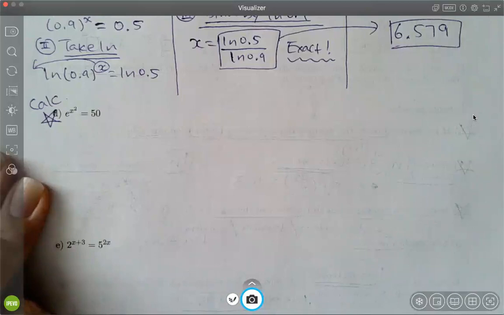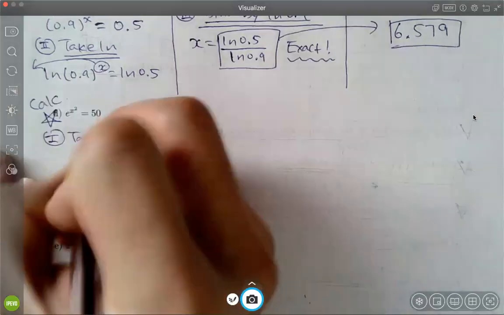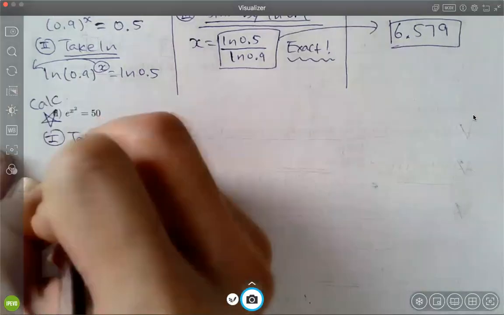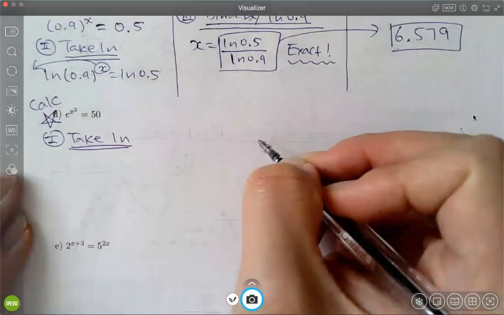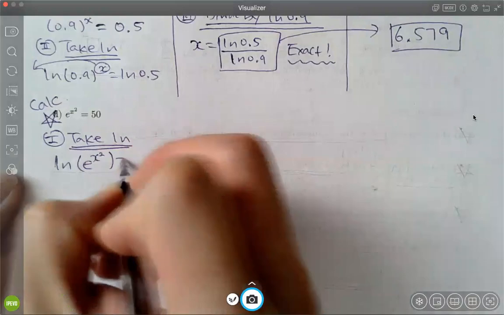Okay. And now, here, do we have the isolation of exponential term? Yes. Okay. So what do you do? Just take the ln right away. So what do you get? ln e to the x squared equals ln 50.